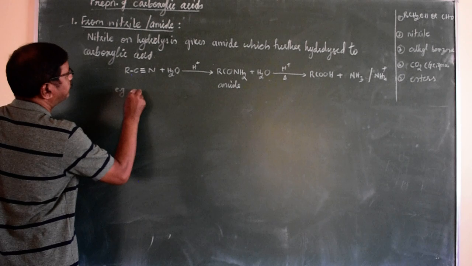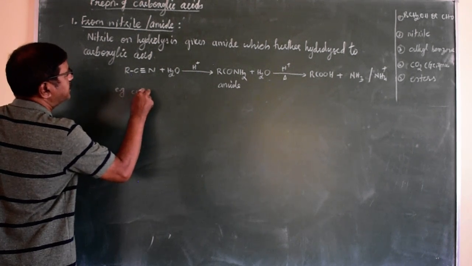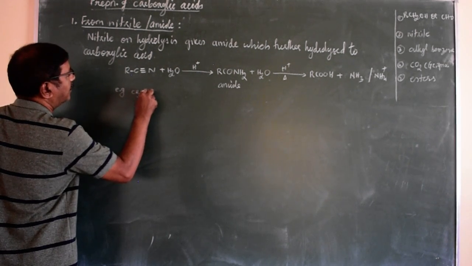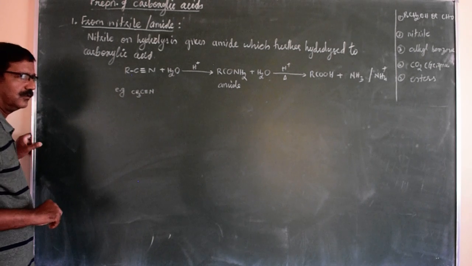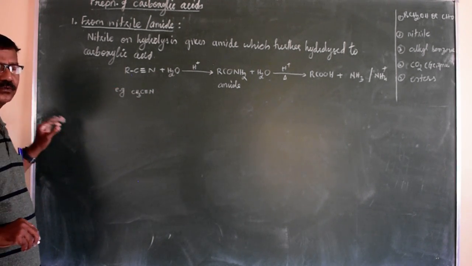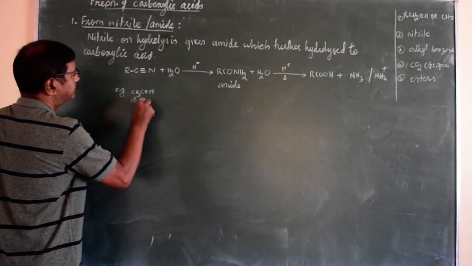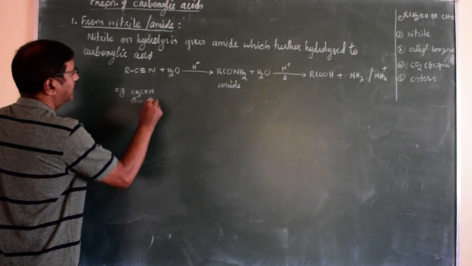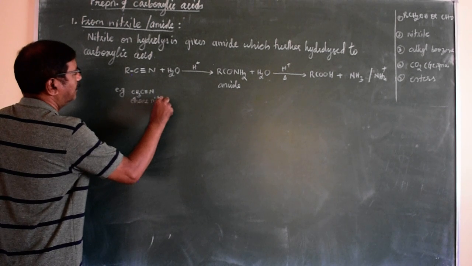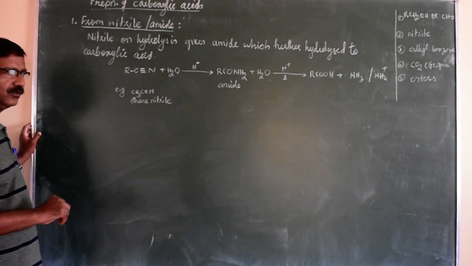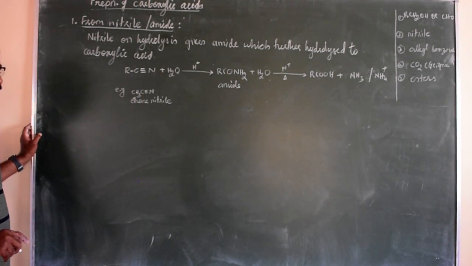An example is CH3CN. The number of carbon atoms is 2, so it is ethane nitrile. We know the common name of CN is cyanide.